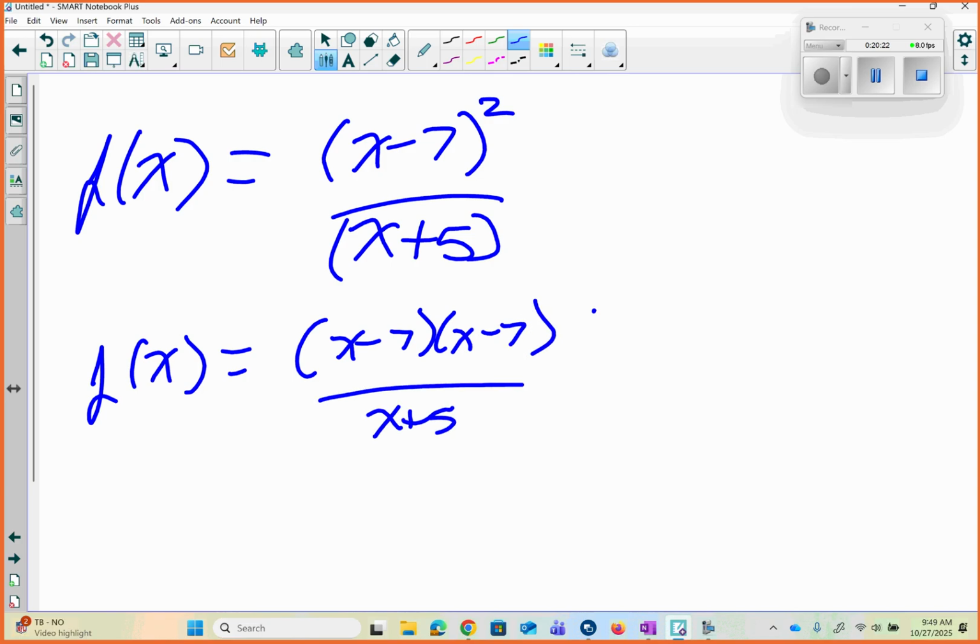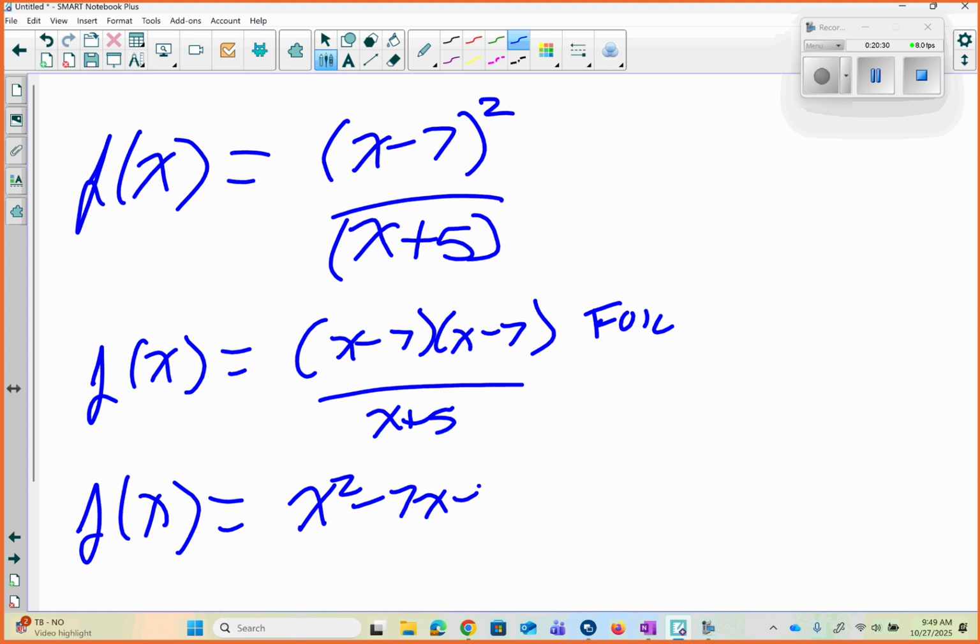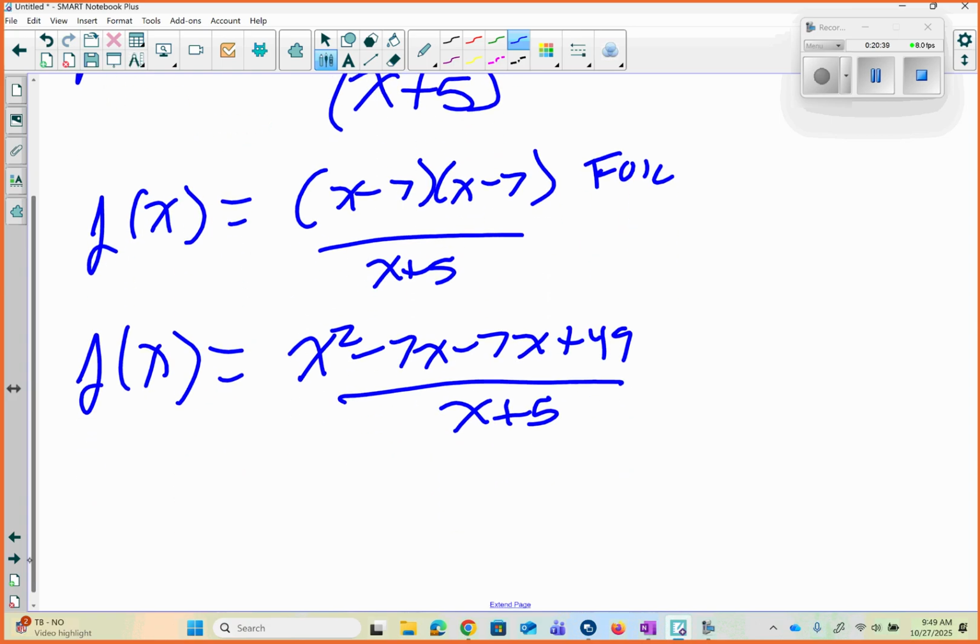And then if I FOIL this out, I'm going to get to this, and then I'm going to get to this.